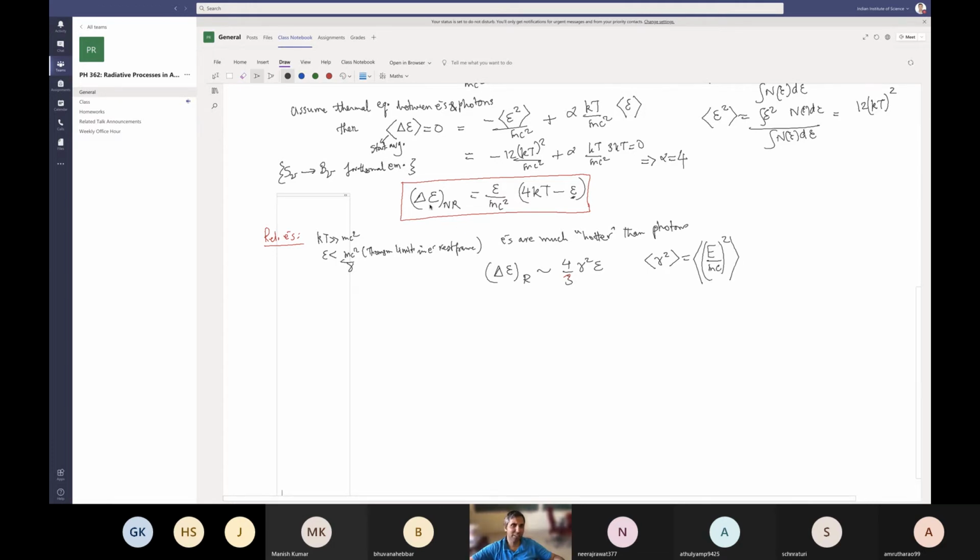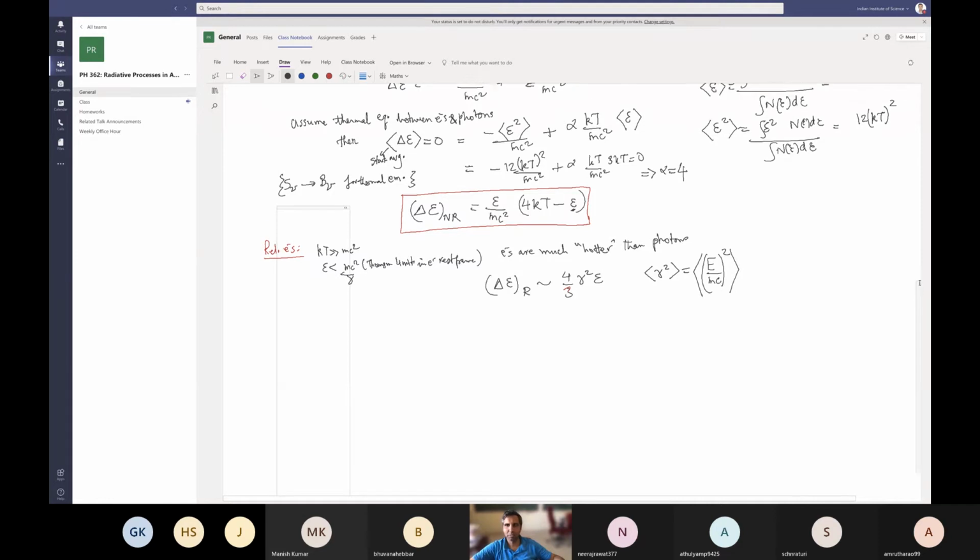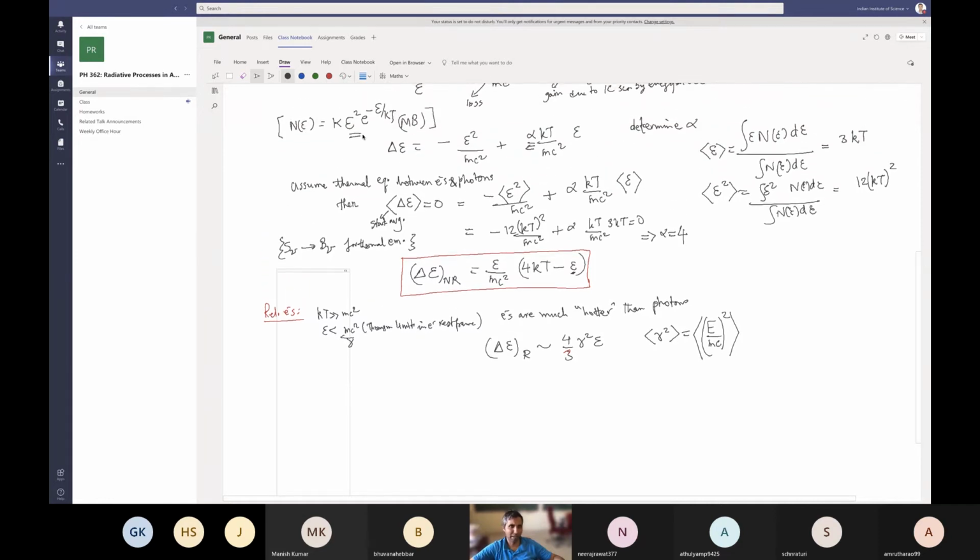Even if you're relativistic, the Maxwell-Boltzmann distribution is the same, this one. What we do is calculate E squared with that, and we have actually already done this: E squared Ne dE is what we need here. So this will give us 12 kT by mc squared, the whole square.